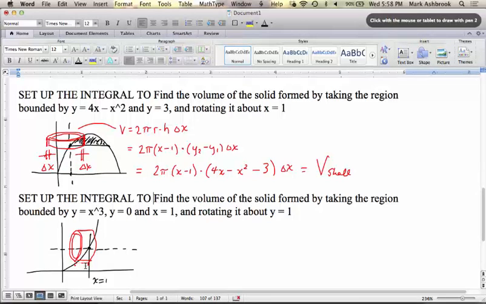That's just the circumference. So we got that curved ramp triangle thing, and we're going to do a rectangle horizontally, and rotate that rectangle around y equals 1, and we'll get a shell the way I drew it.